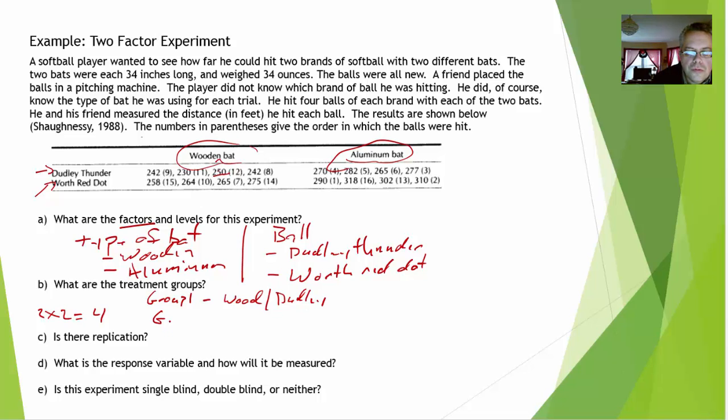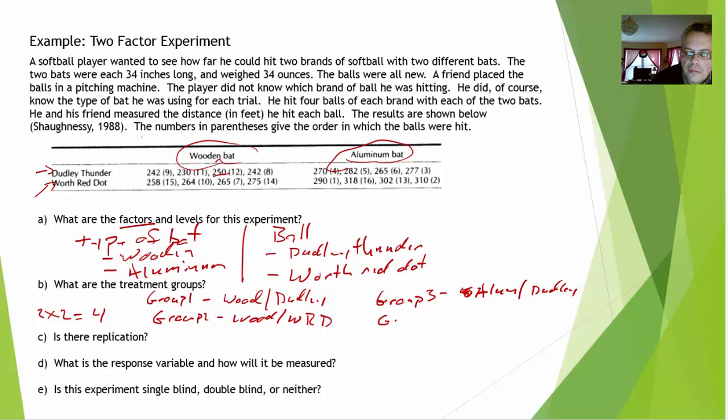Then group 2, their treatment would be the wood bat and the Worth Red Dot. I'm going to just abbreviate it WRD, Worth Red Dot, the other type of ball. Group 3 could be the aluminum bat and the Dudley Thunder.